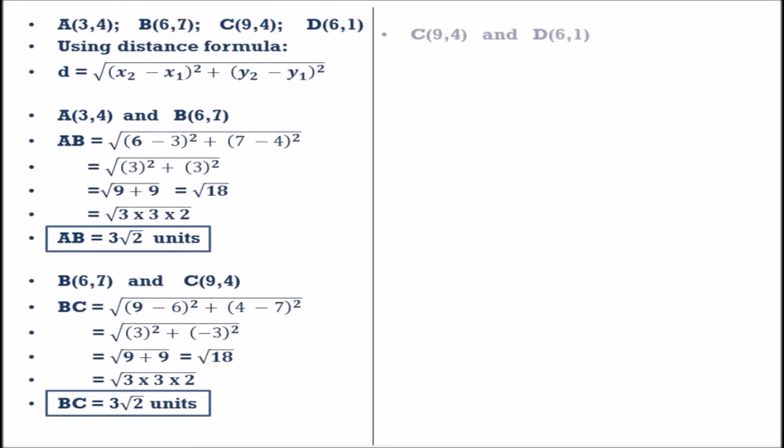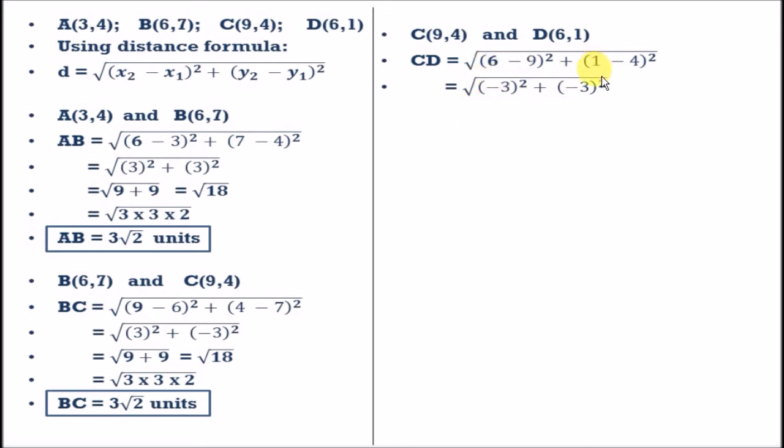Now the next side, CD. C is (9, 4) and D is (6, 1). So the coordinates of C will be subtracted from the coordinates of D. So CD equals under root (6 minus 9) whole square plus (1 minus 4) whole square. 9 is the bigger number, so the minus sign will carry on. 9 minus 6 will give us 3, minus 3 whole square.